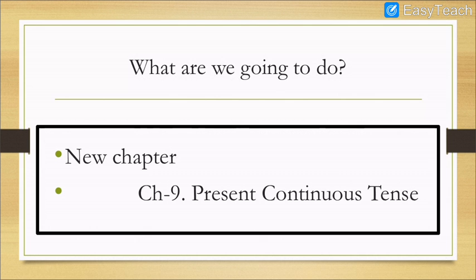Now we are going to understand the concept of present continuous tense. One common thing in simple present tense and present continuous tense is present tense. Both the tenses refer to the time which is present, which is ongoing. So that is present tense. The types are different.